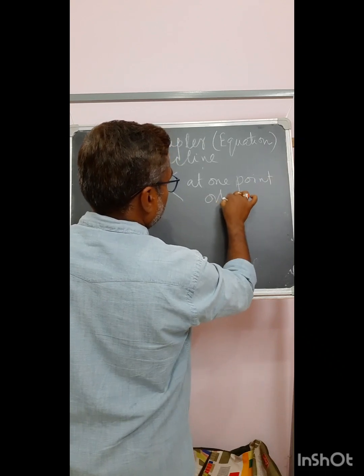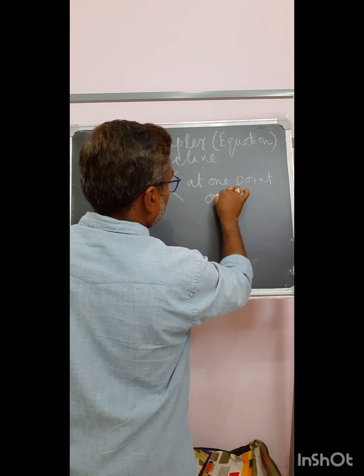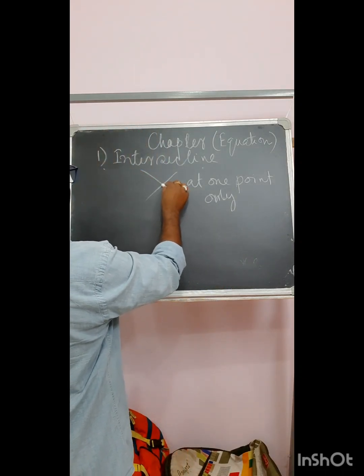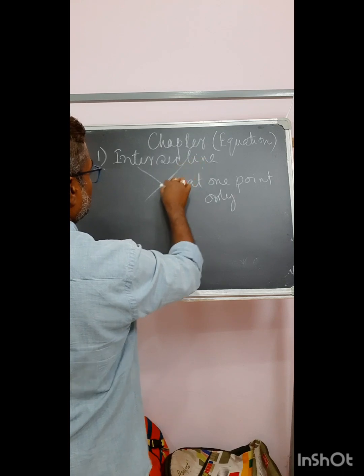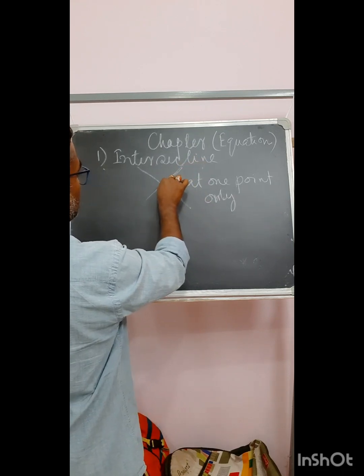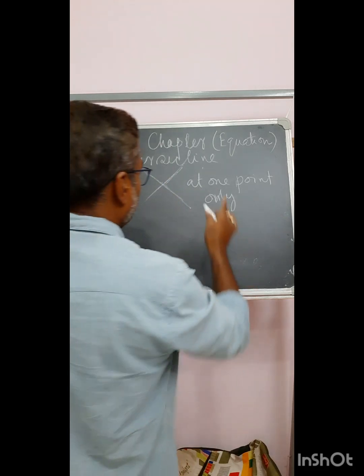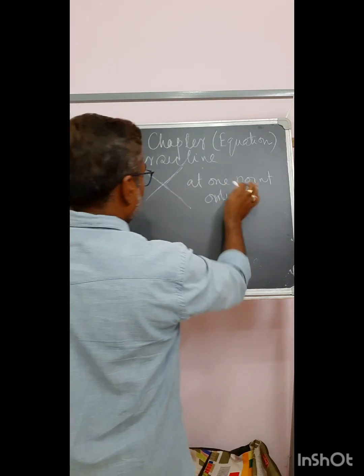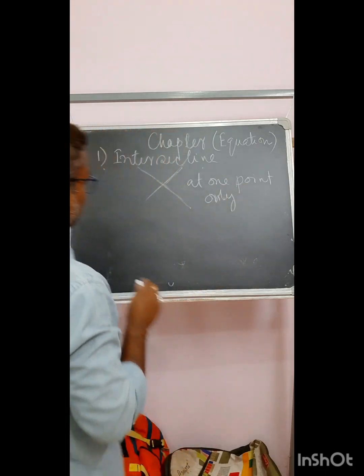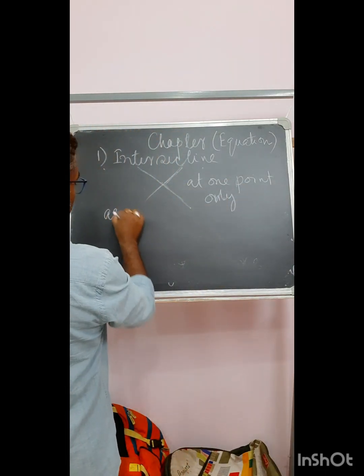So this I can conclude. Because if these are intersecting, after the intersection the lines will diverge, or before the intersection they will converge, so that they will meet at one point only. Other than that, there is no meeting point for these lines.